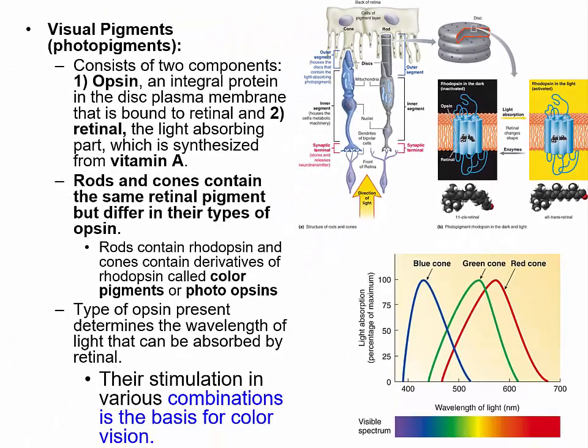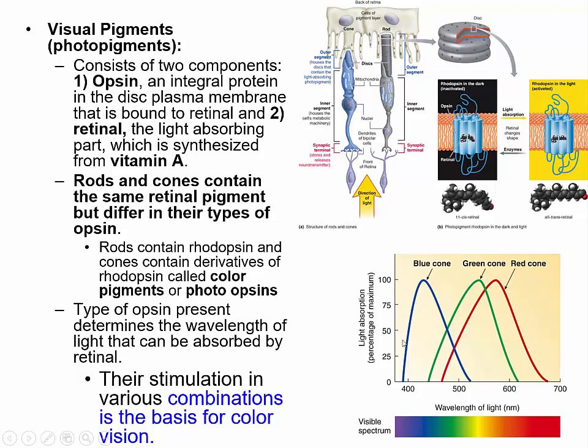So rods and cones contain the same retinal pigment, but differ in their types of opsin that hold that retinal. Rods are going to contain rhodopsin, and cones will have derivatives of this rhodopsin, which are just called the color pigments, or photopsins. Now the type of opsin is going to determine the wavelength of light that can be absorbed by the retinal.